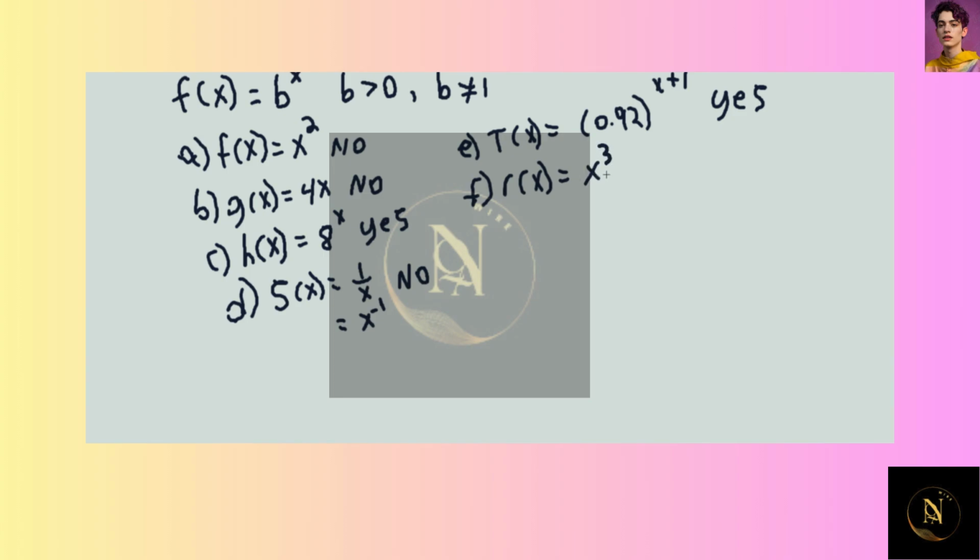Well, is it, again, some b to the x where b is a constant? Well, no. In this case, my base is the variable, and my exponent is fixed. So again, this is a power function, not an exponential. My variable is not in the exponent. So x cubed, that is a power function. No, that is not exponential.